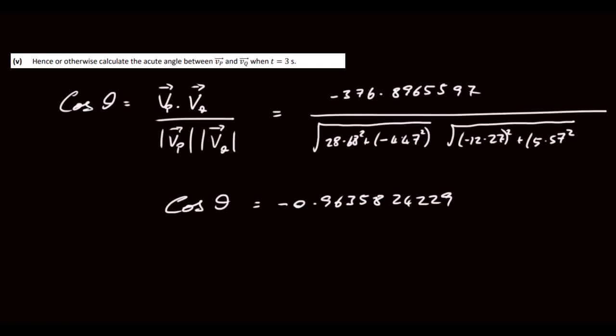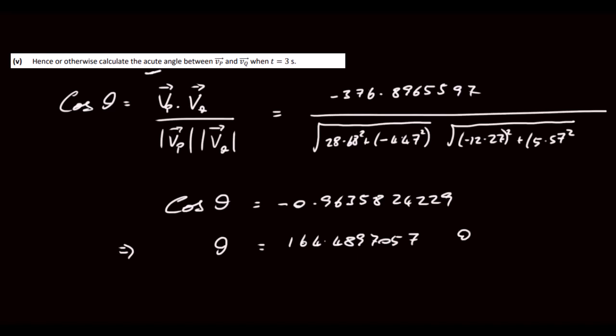So all you've got to do is cos inverse then. So you do cos inverse of minus 0.9635 and so on. That'll give you a final theta of 164.4897057. But if you read the question, it says hence or otherwise calculate the acute angle. So this is the obtuse angle.